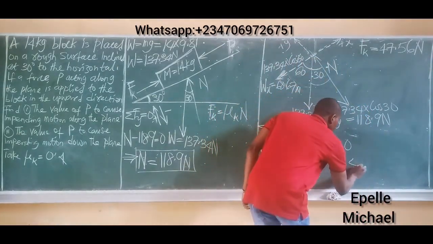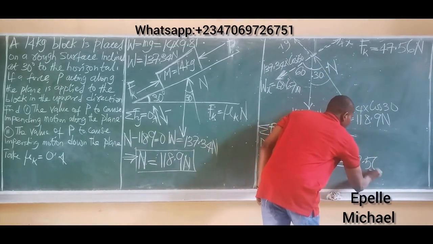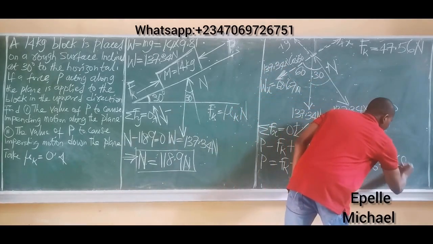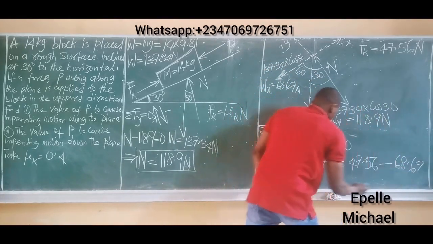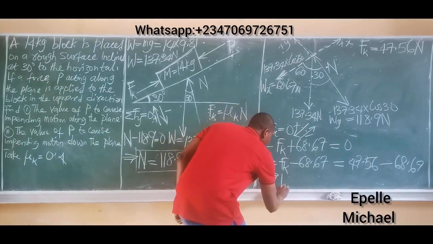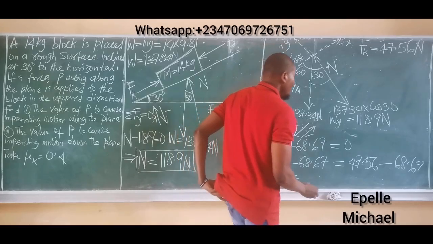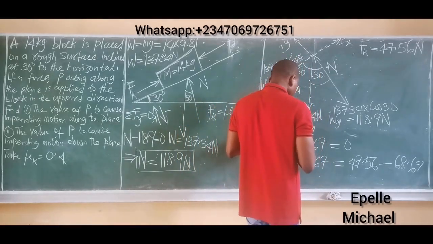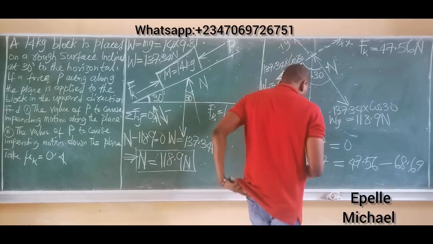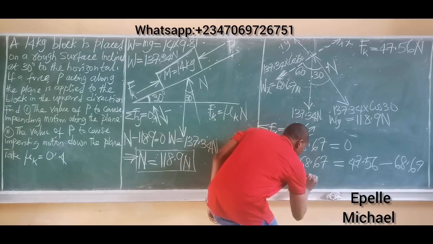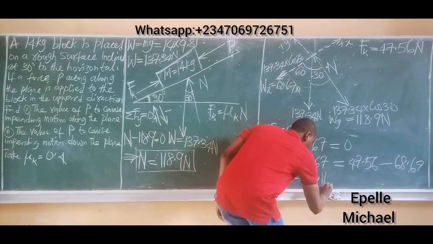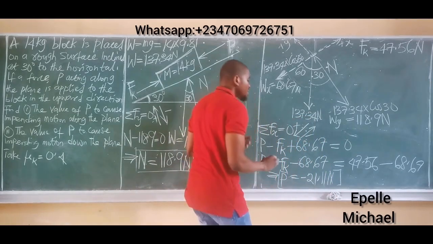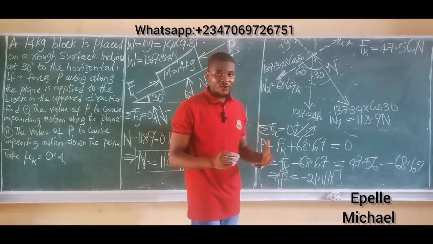So I have 47.56 minus 68.67. So this implies that our value P is going to be equal to, let's see what we obtain, 47.56 minus 68.67. Now, this gives us negative 21.11 newtons.